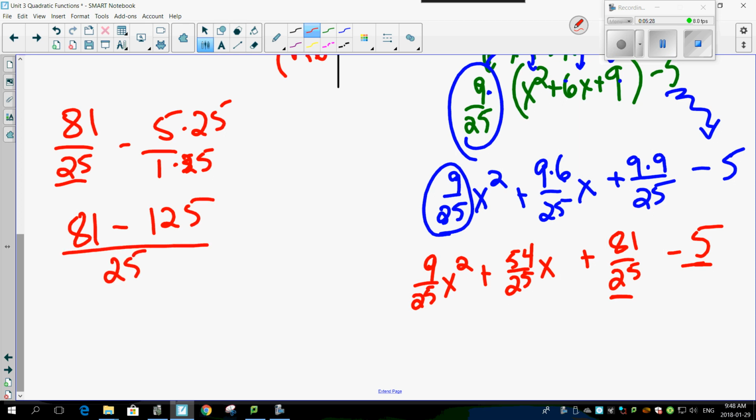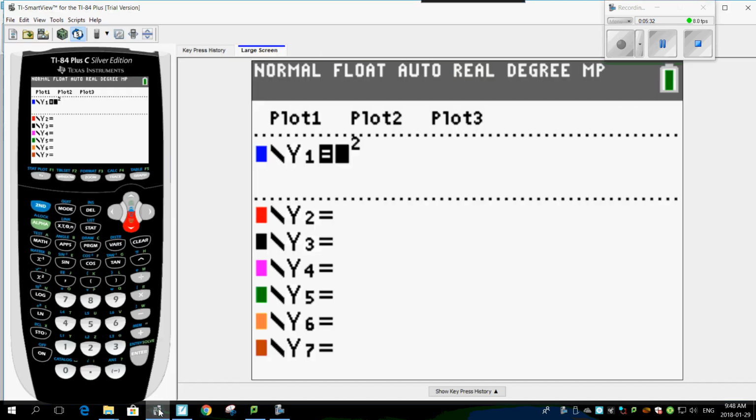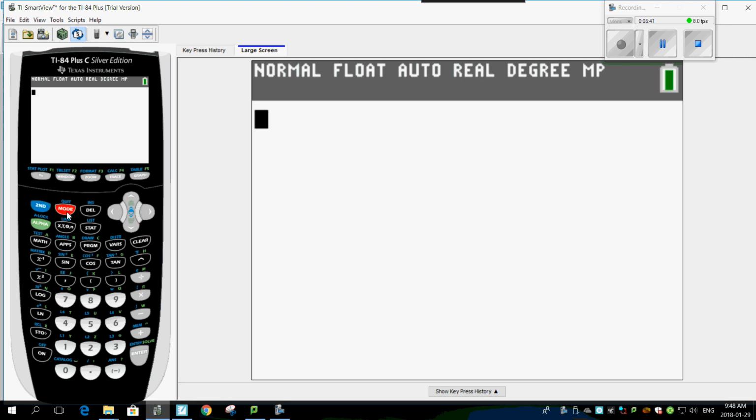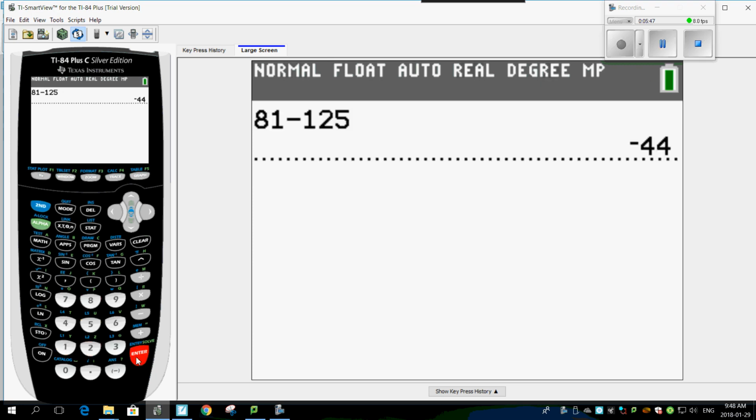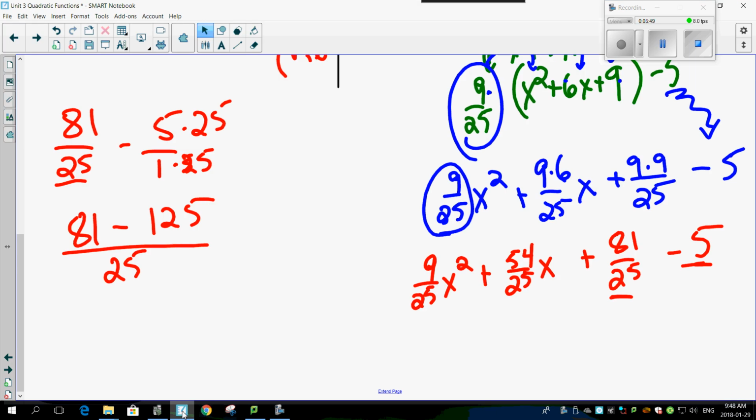Okay, so think about that. How much is that going to be? Well, you can bring up the calculator if you want. That's totally up to you. And let me just go here. Oh, right. Clear, second quit. There we go. There's my nice little calculator. And go 81 minus 125. And that's going to give you minus 44. Minus 44 over 25.